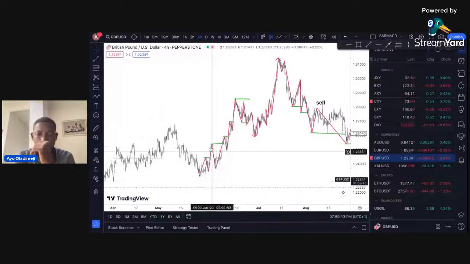So let me quickly run you through your assignments. What's your assignment? You're going to pick nothing less than 3 trading pairs, and on these 3 trading pairs, you're going to mark out the areas of support and areas of resistance.